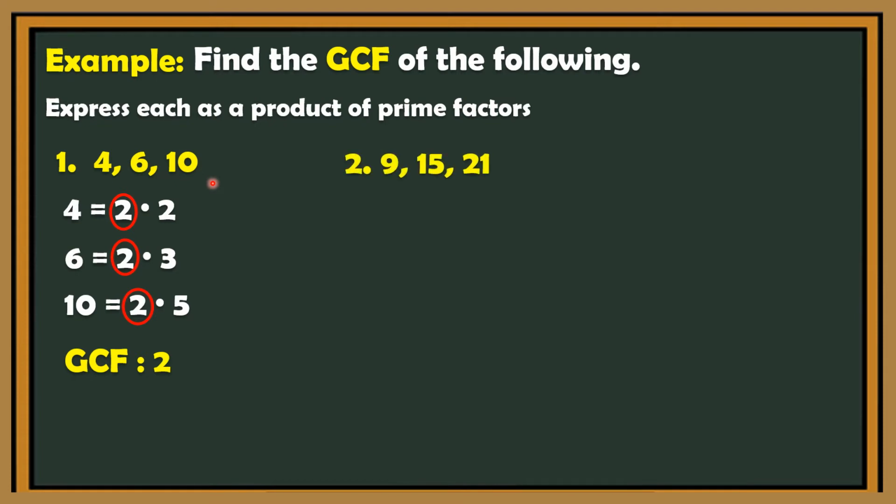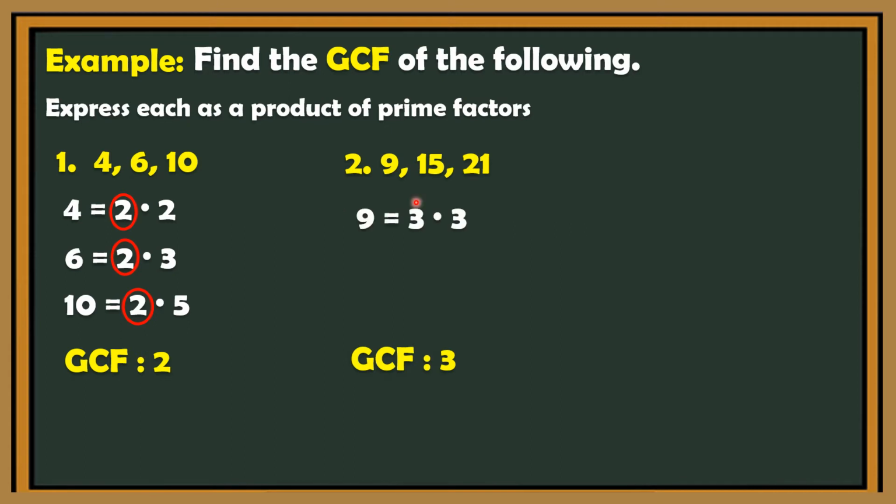Next, let's go to number 2: 9, 15, 21. What do you think is the greatest common factor, or the highest number that can be divided to 9, 15, and 21? 3. Let us check.